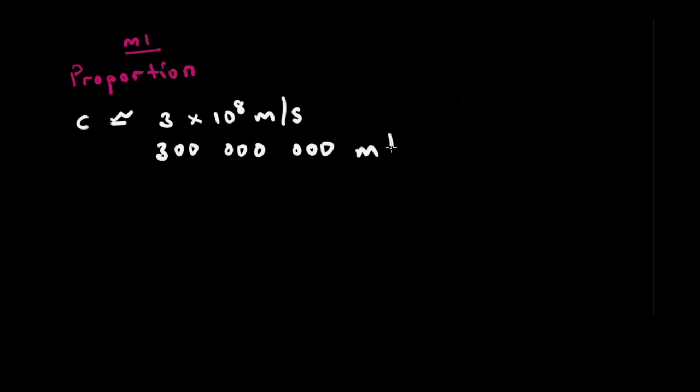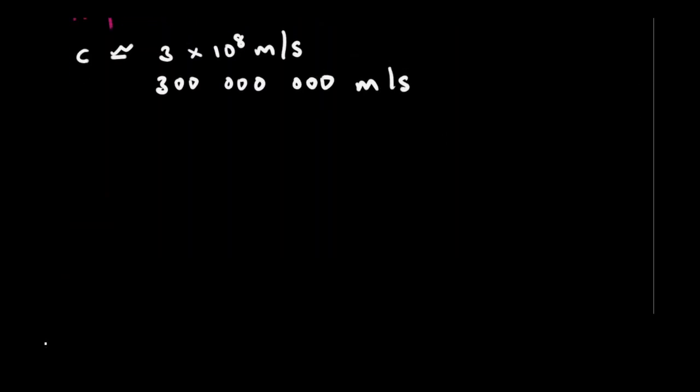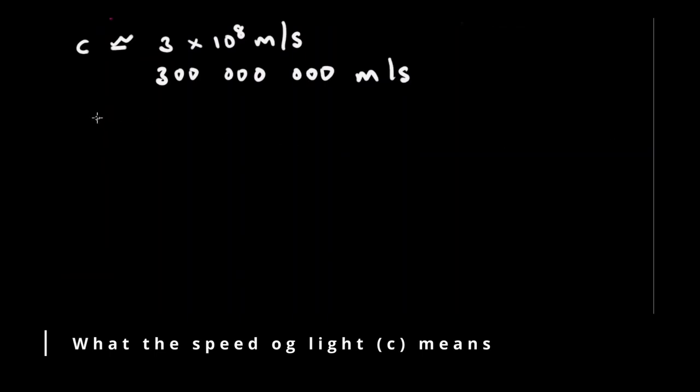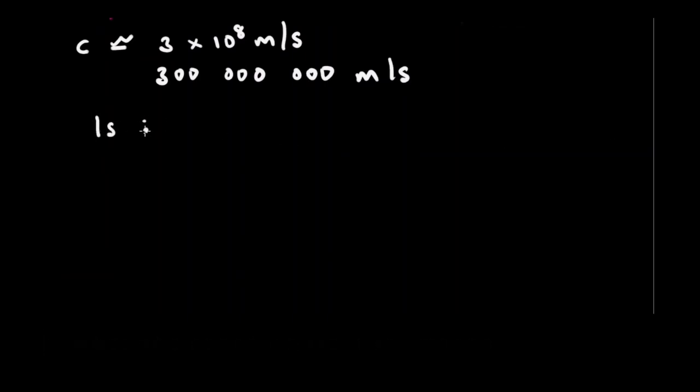We need to understand what the speed of light c entails. C, which is approximately 3 times 10 to the power 8 meters per second, which is 300 million meters per second. What does this speed mean? This speed means that in 1 second, light travels a distance of 300 million meters.